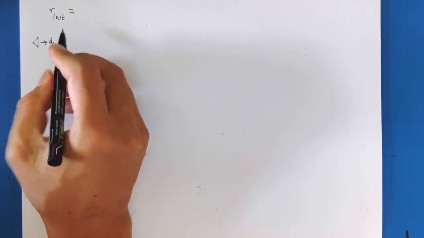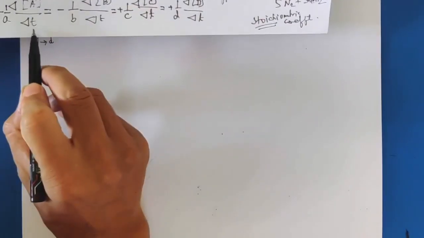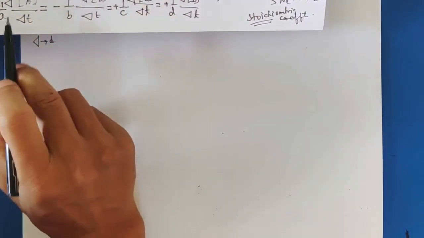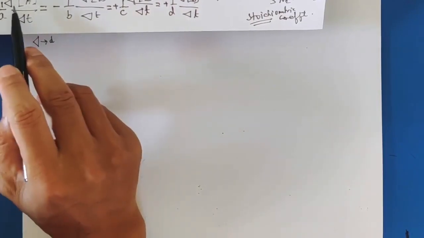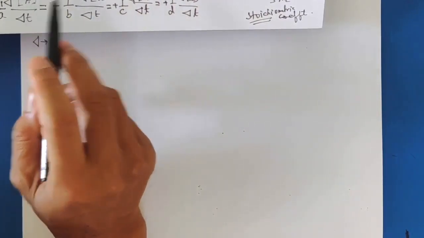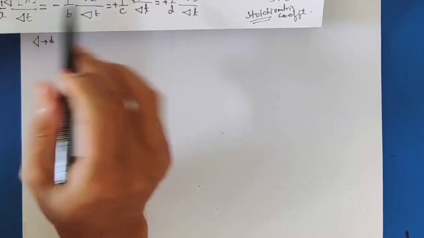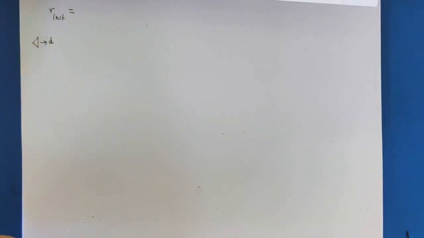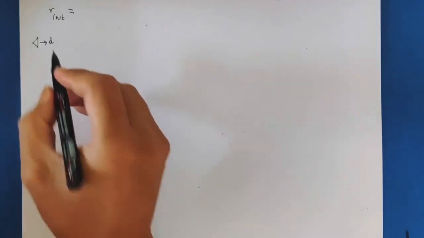Instantaneous is at that moment in time, for example at 5 seconds. What is that rate? The average is between t equal to 0 and t equal to 10 seconds. What is the average rate? Now the instantaneous value at t equal to 5, or at t equal to 10, what is that rate of reaction?